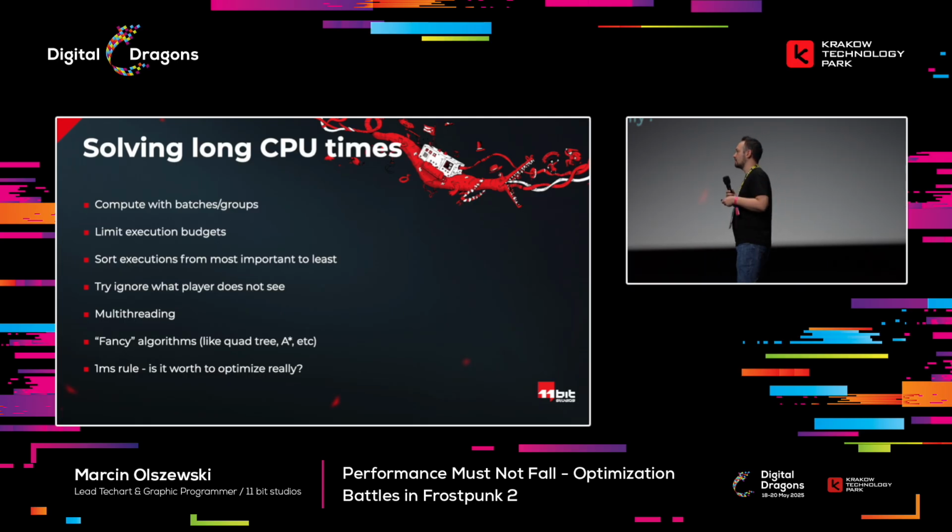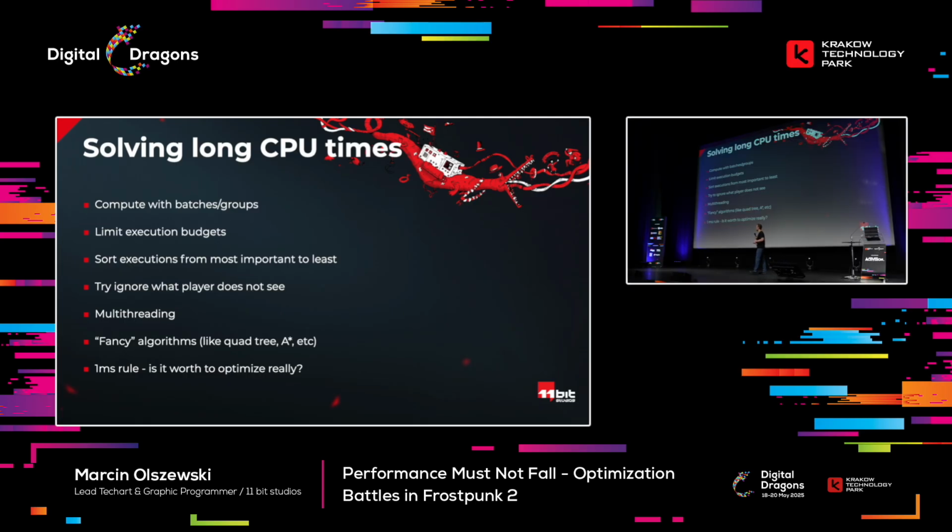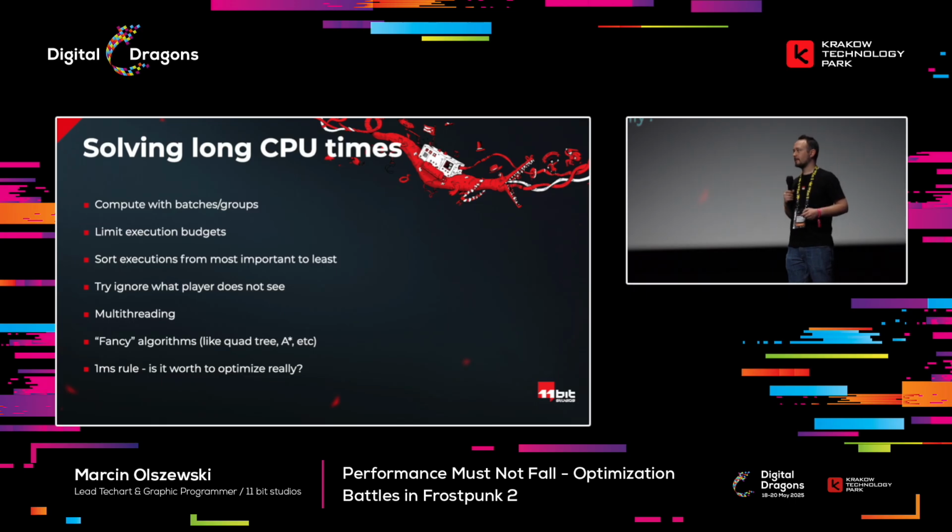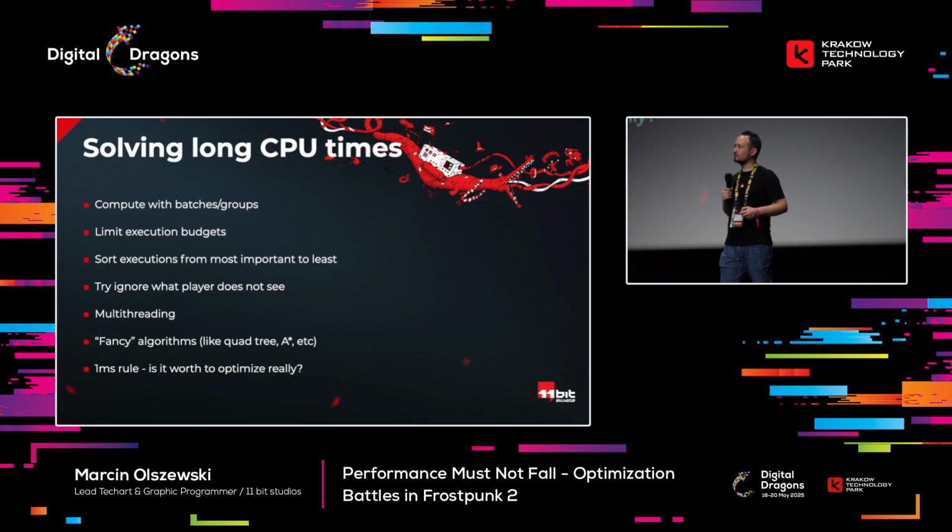For example, if you have transports, automatons, or even animations, because VAT animations also require some CPU updates. You can sort, for example, by distance or by visibility, because if you are in Frostland, it's clear that city view updates are less important than Frostland view. Also, we can try to ignore what the player doesn't see.